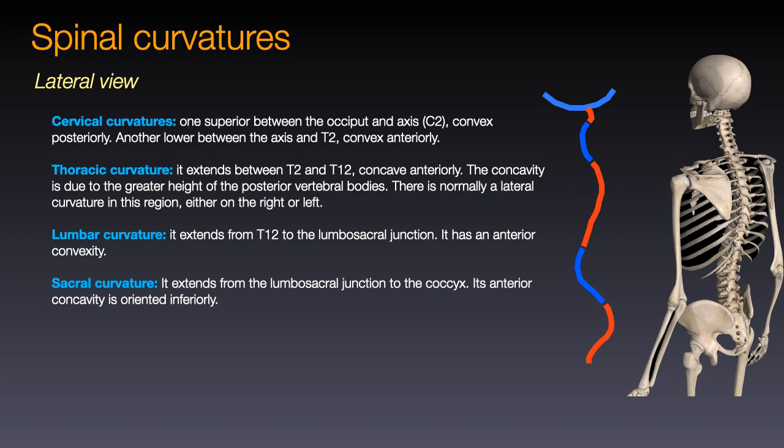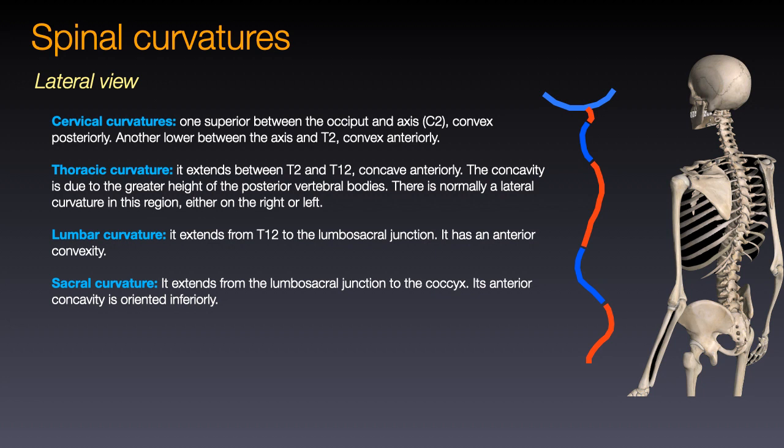In the cervical region, we have a posteriorly convex curvature between the occiput and the axis, also called C2. So it involves the occiput, the atlas, C1, and the axis, C2. Underneath, we have a curvature between the axis and T2, which is the second thoracic vertebra, and this one has an anterior convexity.